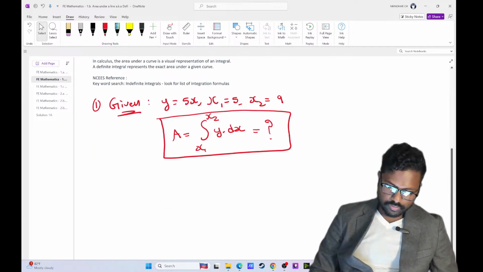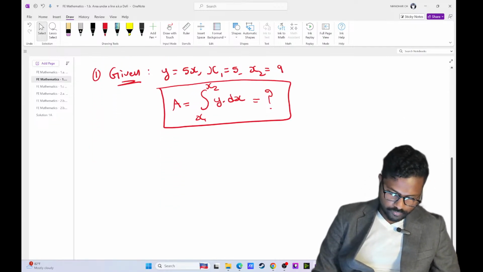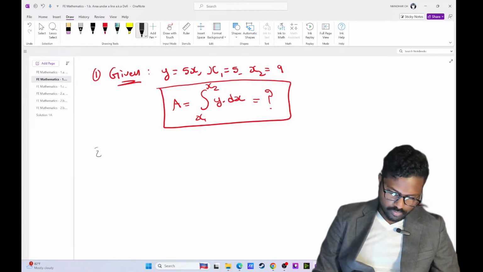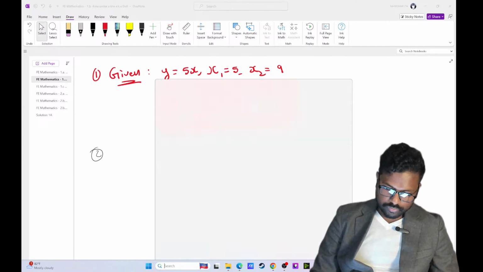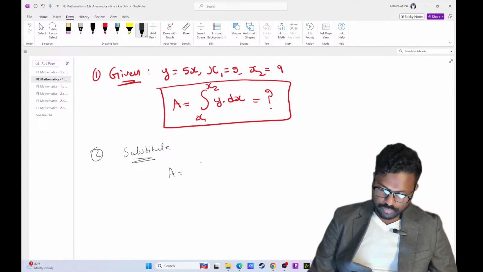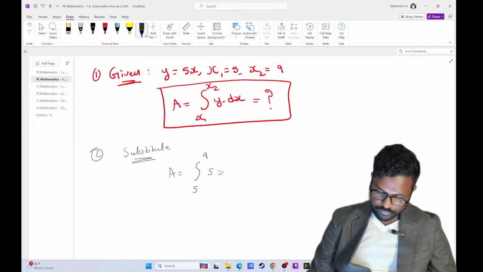Now let's substitute. So A is equal to the integral from 5 to 9 of 5x dx. I have substituted the equation over here.